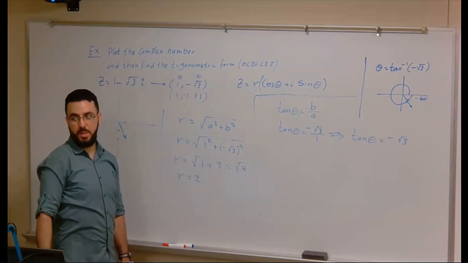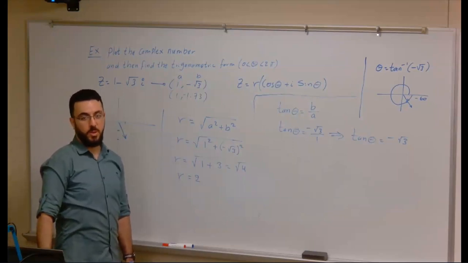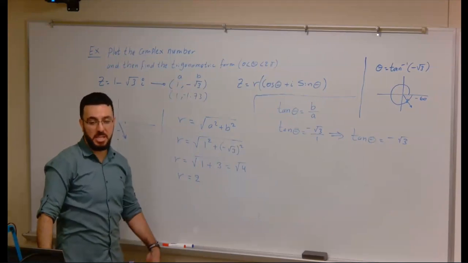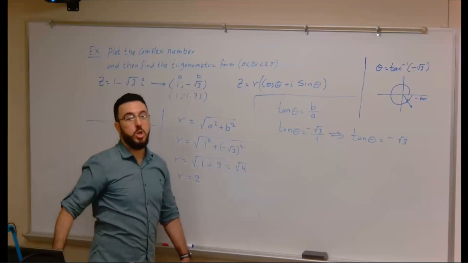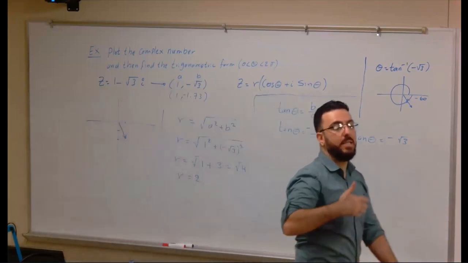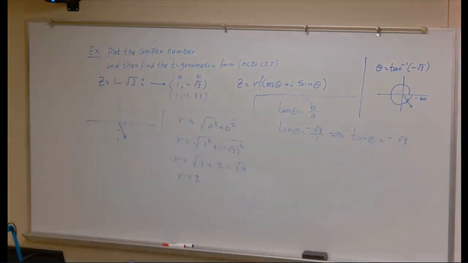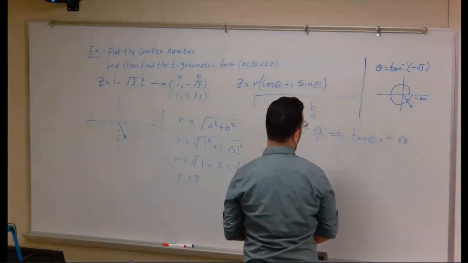We worked with this one: 300. So negative 60, you're going to add 360. Negative 60 plus 360 is going to be 300. That means the angle is 300.